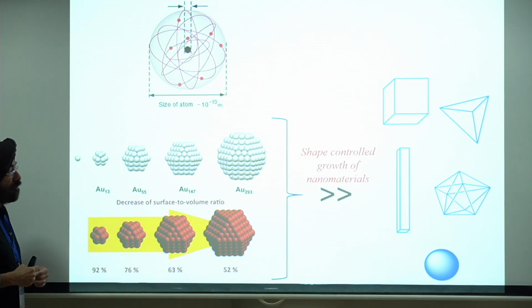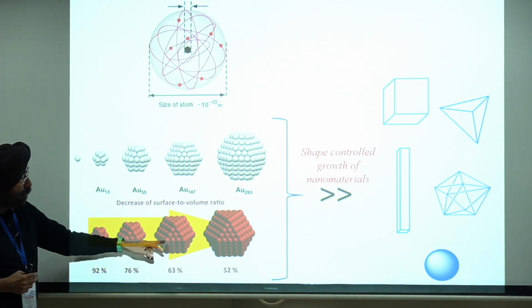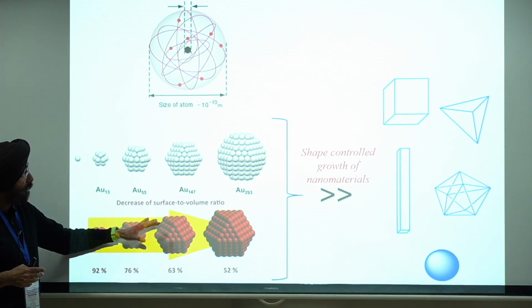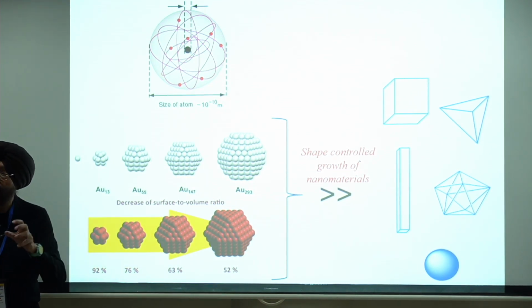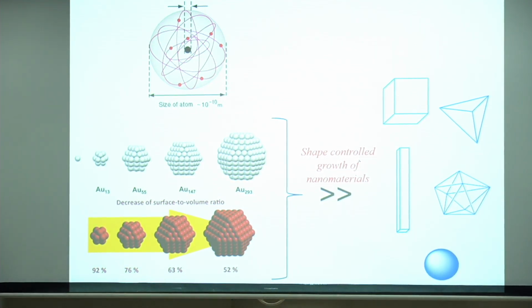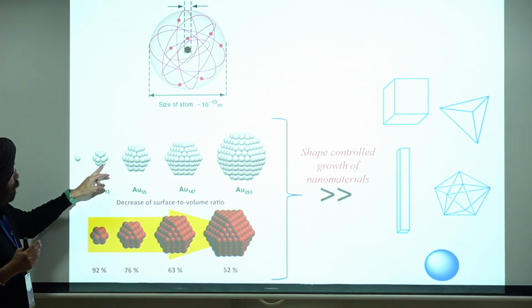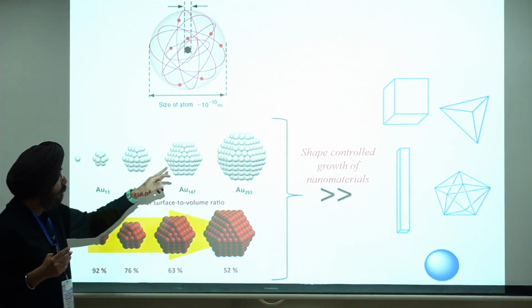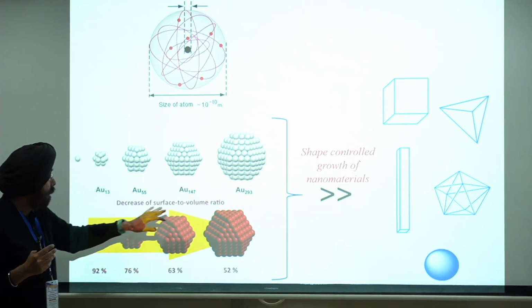In order to achieve a shape, you have to control the crystal growth. Now you know that the crystal growth is controlled by the unit cell. We define the crystal growth of particular crystal structure for the unit cell. So you may say that this is a tiny gold nanoparticle. This is a bigger gold nanoparticle.